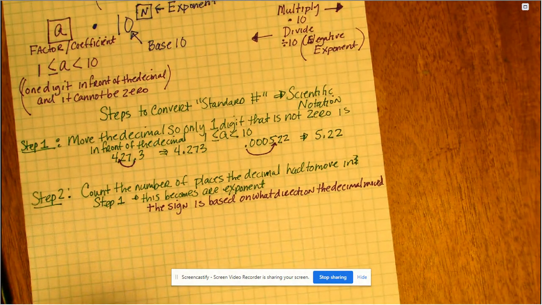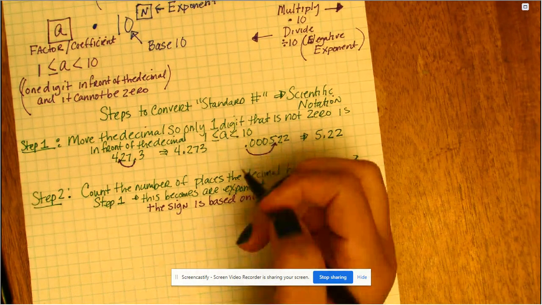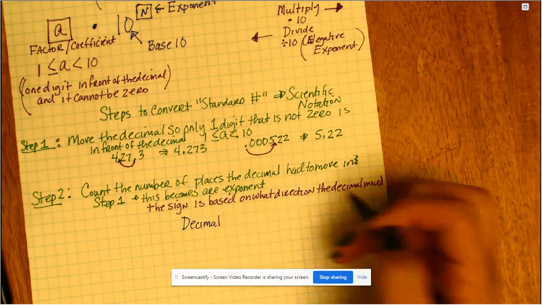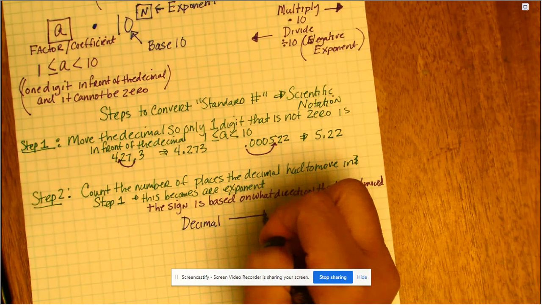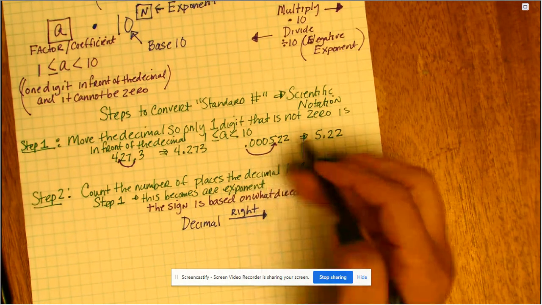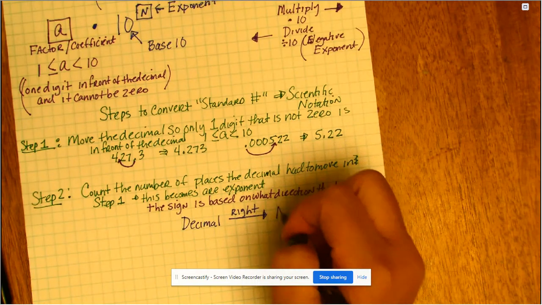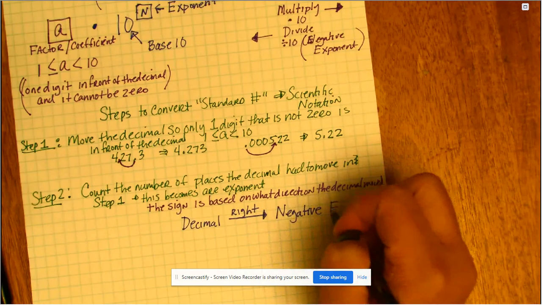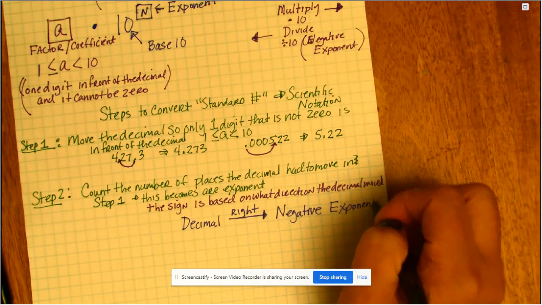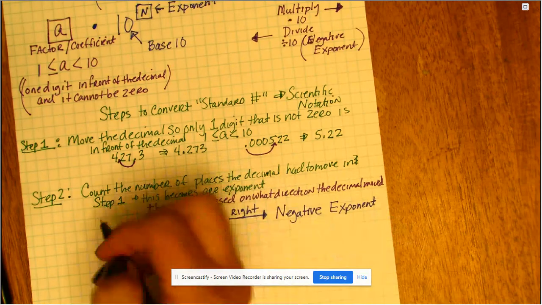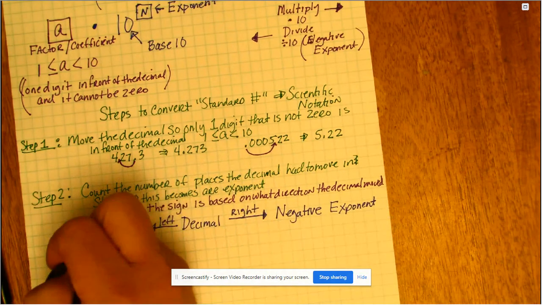So if the decimal moved to the right, so like here, we moved the decimal to the right, we're going to wind up with a negative exponent. If the decimal moved to the left, we're going to wind up with a positive exponent.